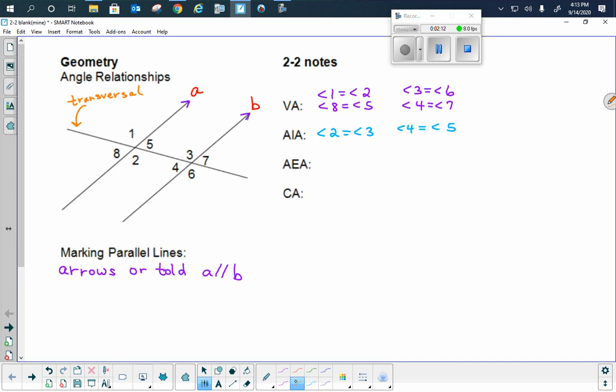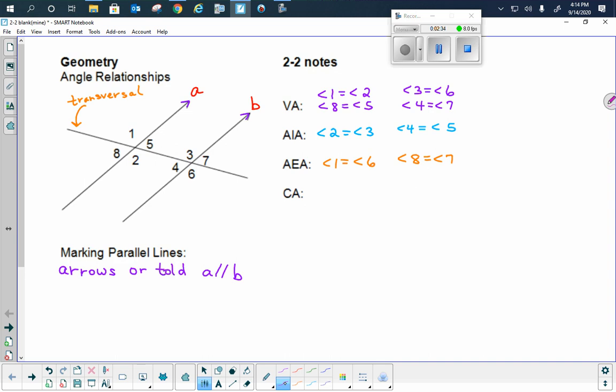All right, now alternate exterior. Again, there should be 2 sets. Angle 1 should equal angle 6. And angle 8 should equal angle 7. Corresponding. There should be 4 pairs for corresponding here.